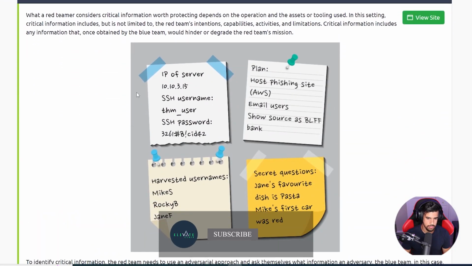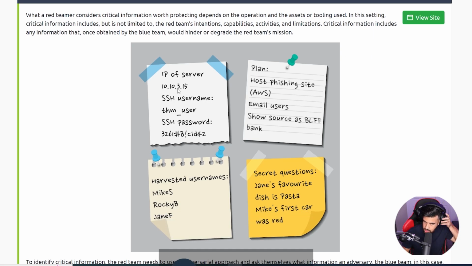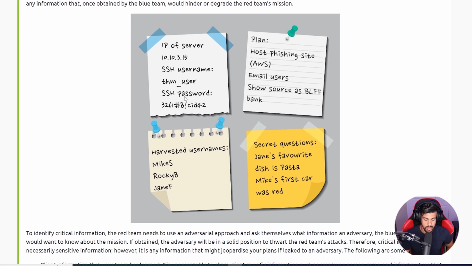So here are some examples of what might be critical information. The IP of your server, this is an internal IP here. The SSH username, SSH password, any usernames, passwords, and things like that could potentially be harvested by an attacker.